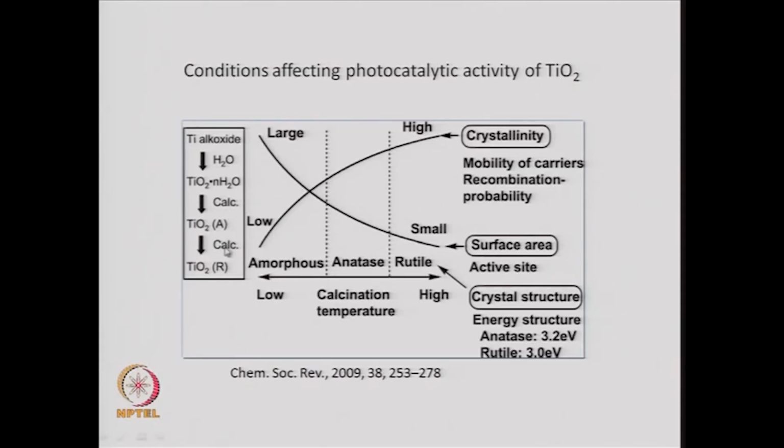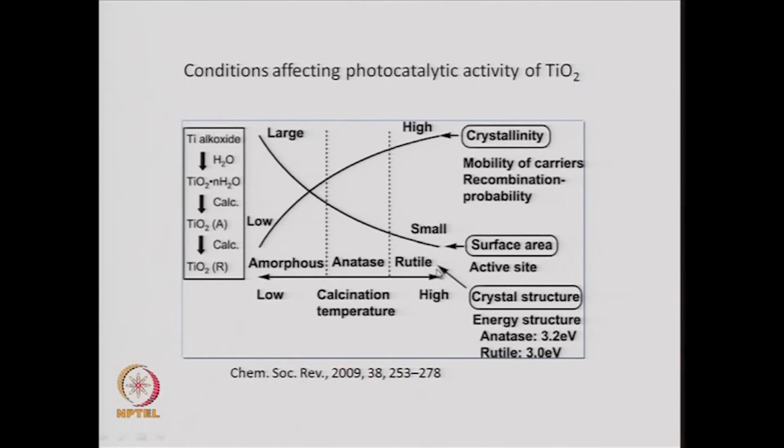Now, if you look at the properties, at low temperature you normally have the amorphous form, and at low temperatures you have very low surface area. In this case, you have large crystallinity, especially in rutile.